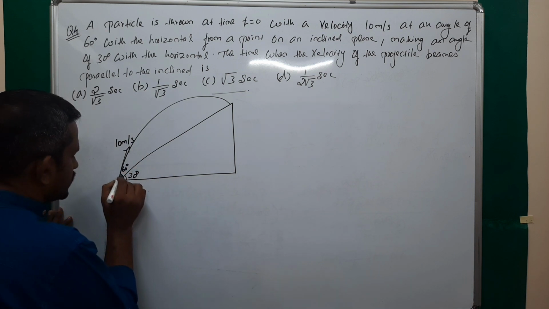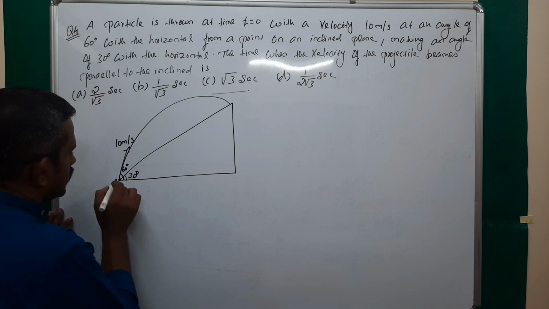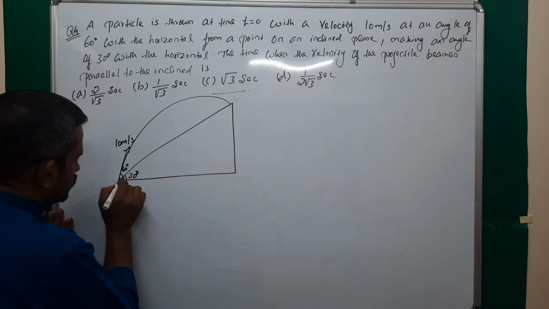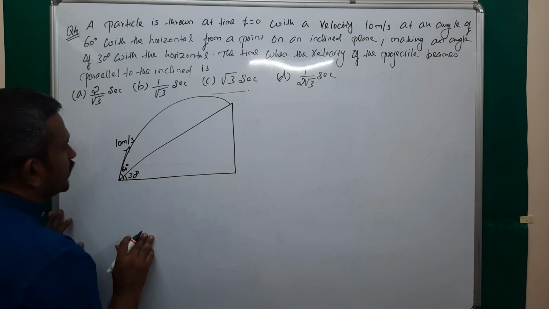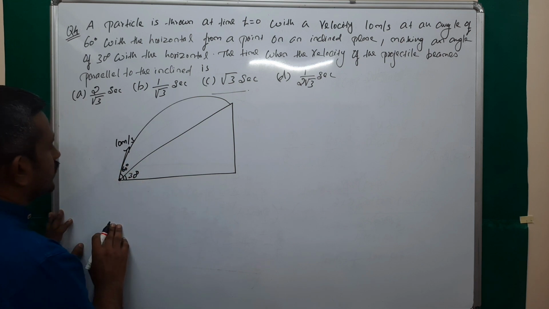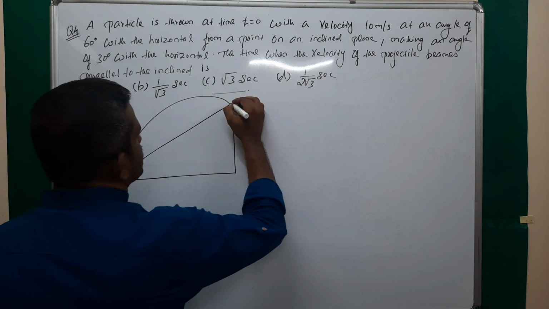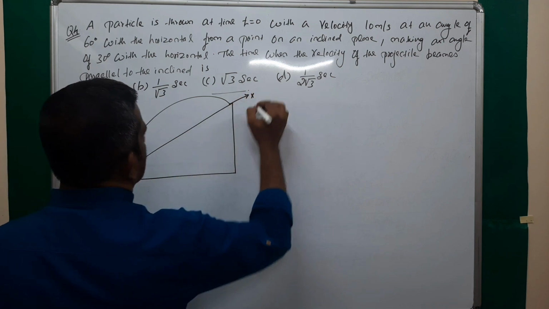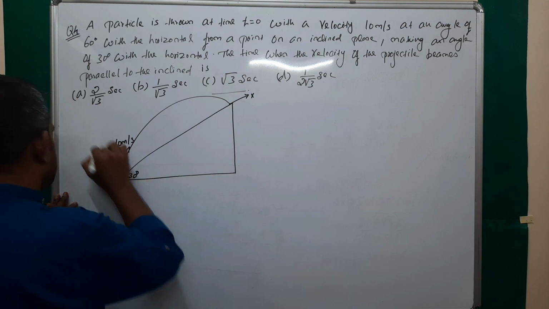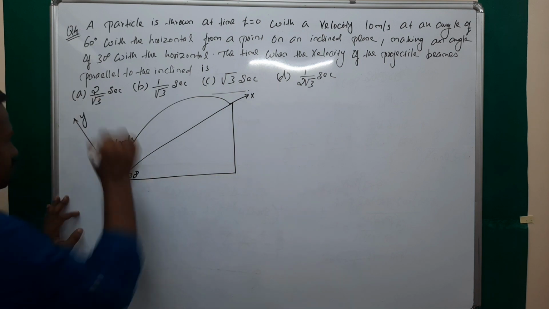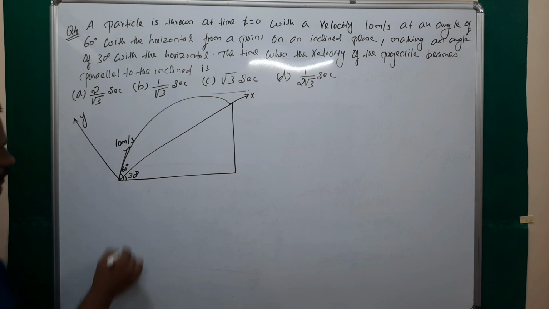This angle is 30 degree, and this angle is 60 degree, so definitely the angle of projection with respect to the inclined plane is 30 degree. This is the x-axis and this is the y-axis.